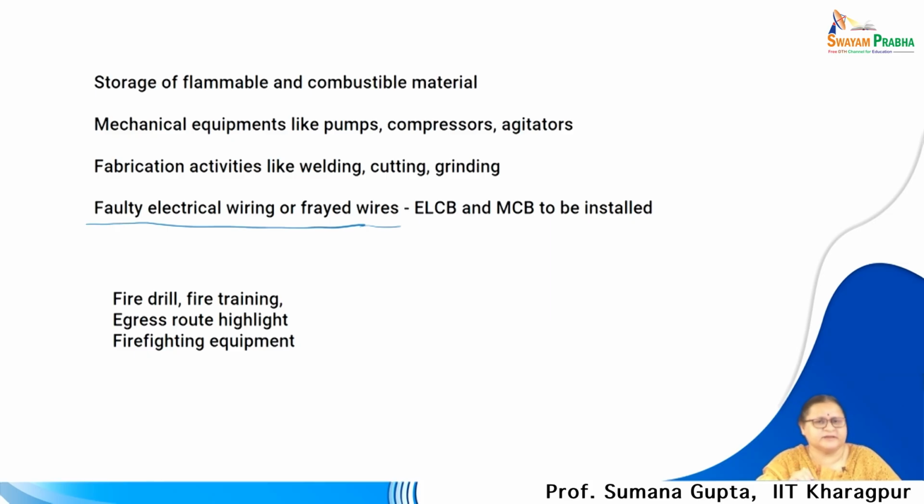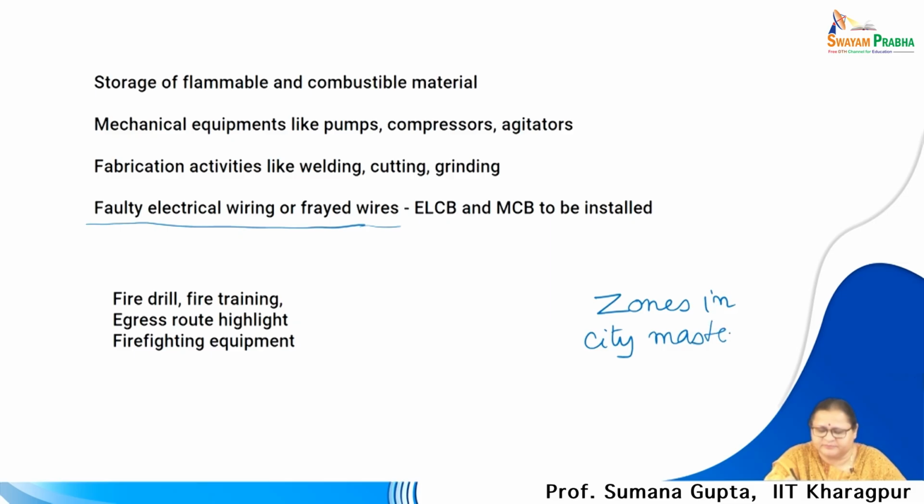So, for industrial zones, fire and hazardous buildings, zones in the city master plan are also designated, so that the fire in such areas does not lead to another fire in some residential areas.